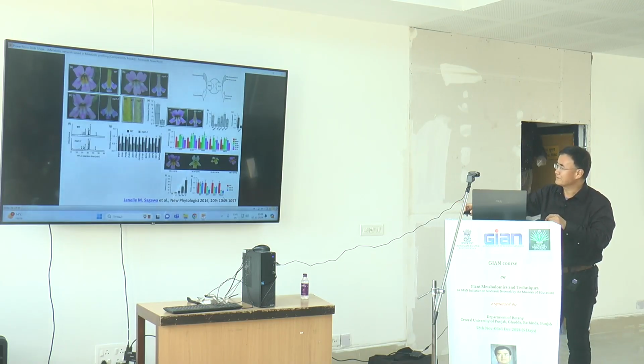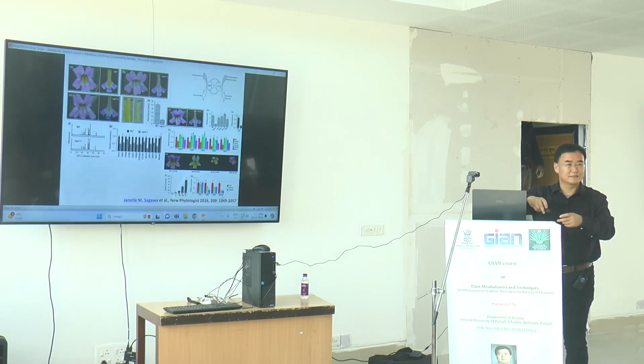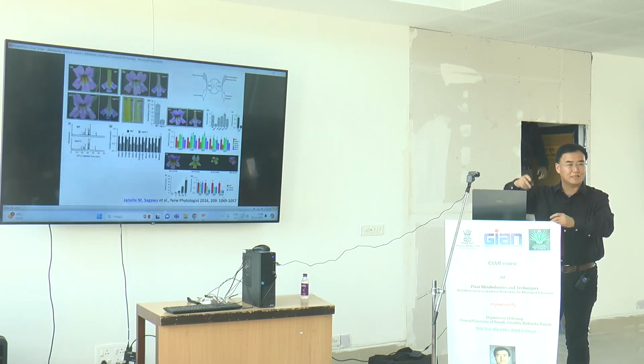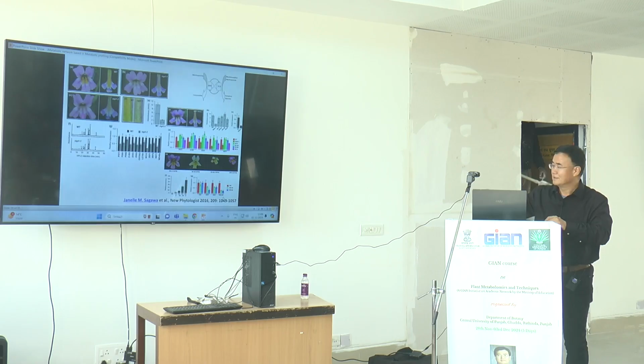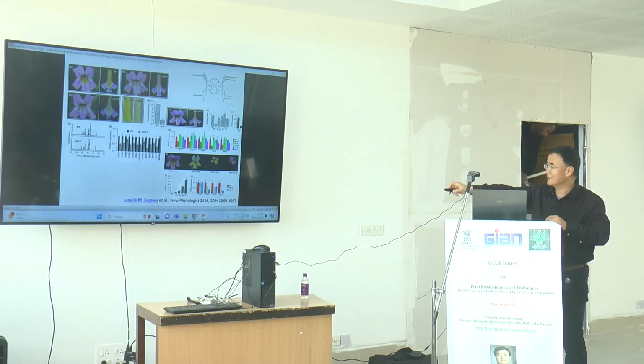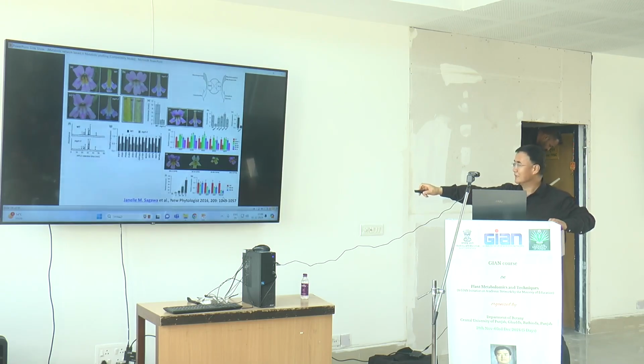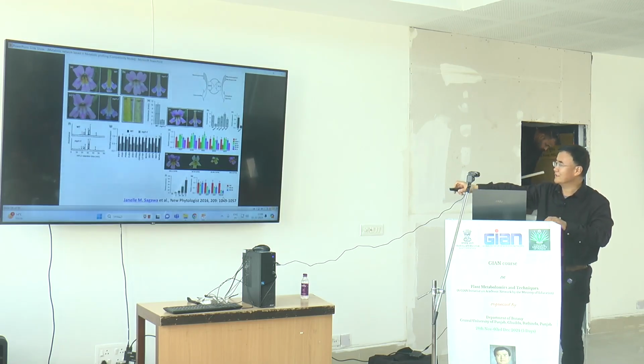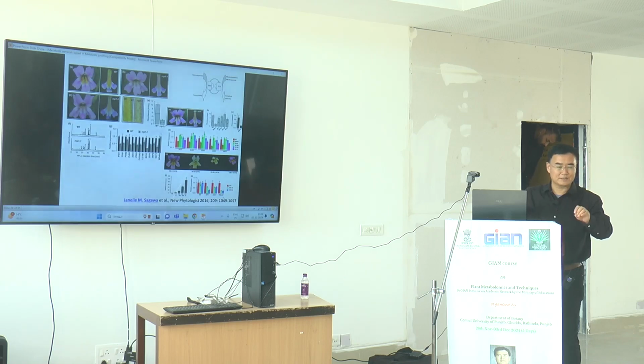However, they also confirmed that overexpression of this gene can activate some anthocyanin biosynthesis genes like NRS, PFR, or NS. So that means this RCP1 actually regulates both the carotenoid and anthocyanin.